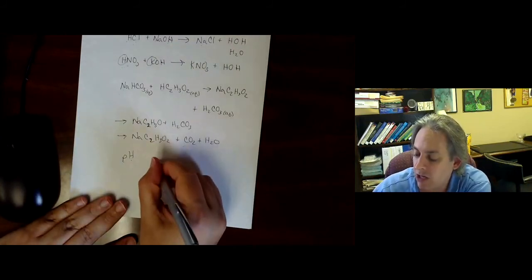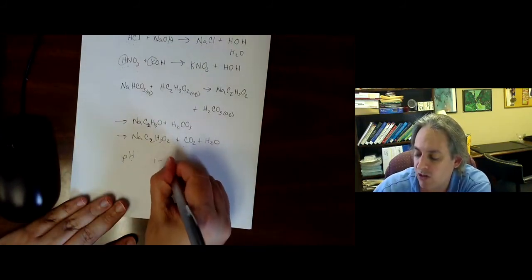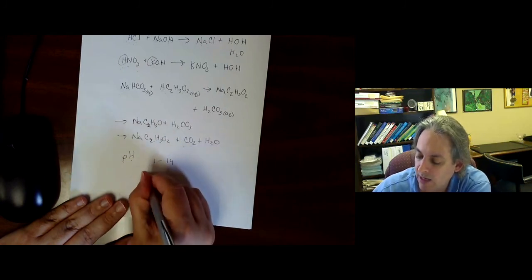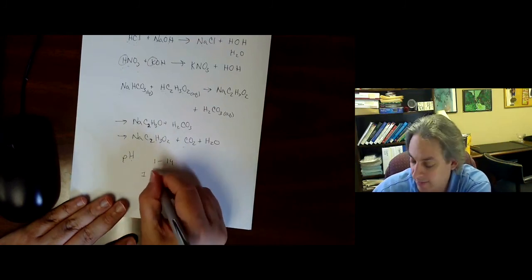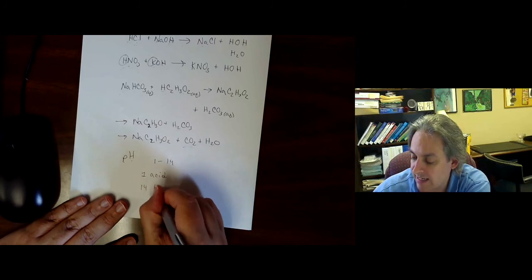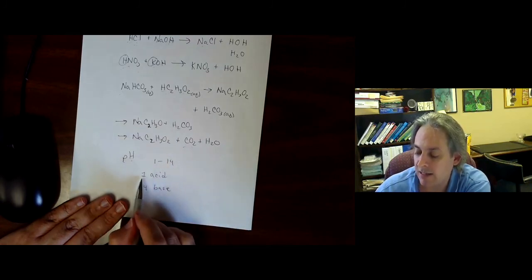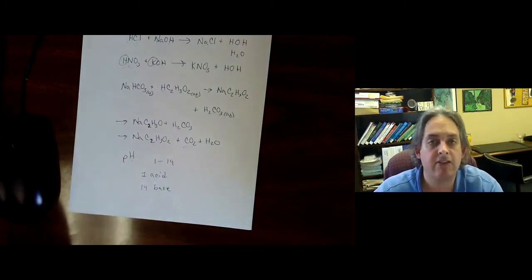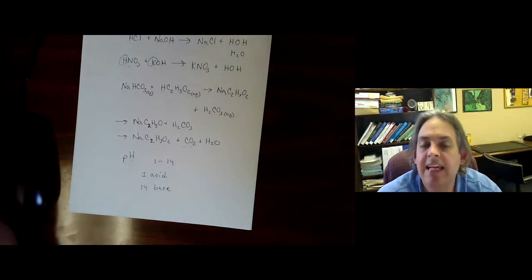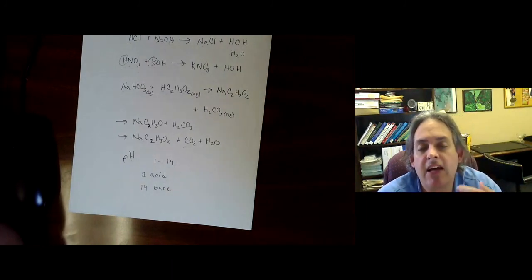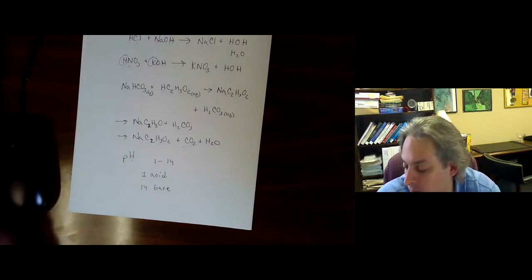The pH scale runs basically from 1 to 14, where 1 is an acid and 14 is a base. So if a substance has a pH of, let's say, 1, 2, or 3, it is going to be acidic. If it has a pH of 12, 13, or 14, it's going to be considered basic.